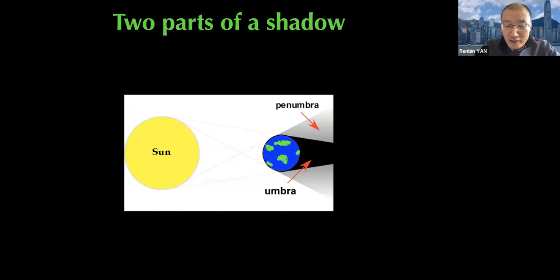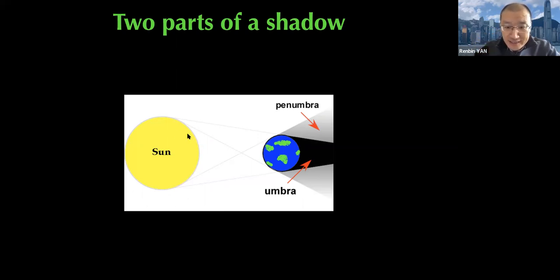And then let's talk about different types of eclipses. To understand that, I have to tell you about two parts of a shadow. Because the sun is not a single point, the sun actually has an apparent size in the sky. If you look at the sun, it is a big round disk, and that disk is about 0.5 degrees in the sky.